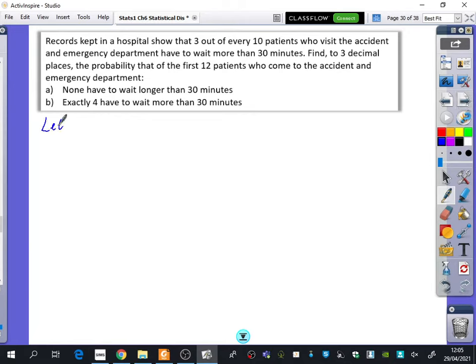So we should let X be the number of patients waiting more than 30 minutes.